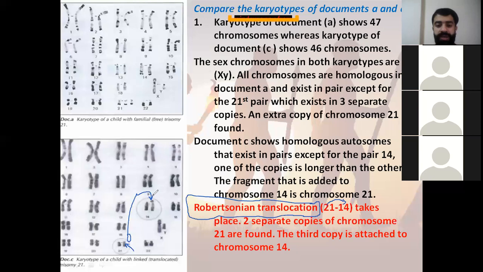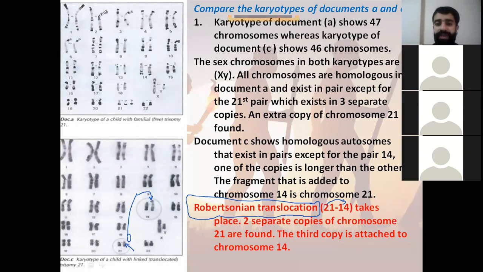So always and always, whenever I have to compare between 2 karyotypes, I have to talk about similarities and differences. So both of them show homologous chromosomes, except for pair number 21 in document A, while in document C we have homologous chromosomes except for pair number 14, where one copy is longer than the other.